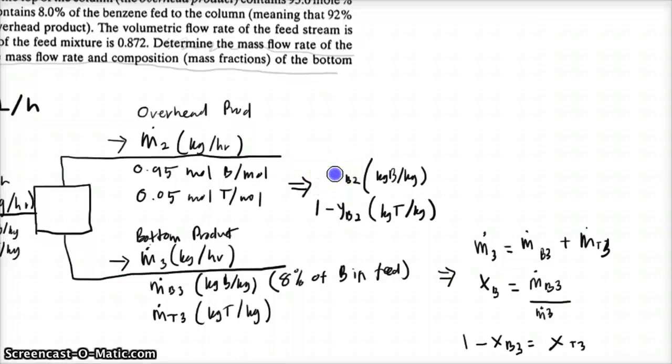Instead of y, it's supposed to be an x. So it's supposed to be xb2 and 1 minus xb2, because this is in kilogram per kg. So that is a mass fraction, while y is the mole fraction. If you want the mole fraction here, this is y already. Alright, so we move to the next part.